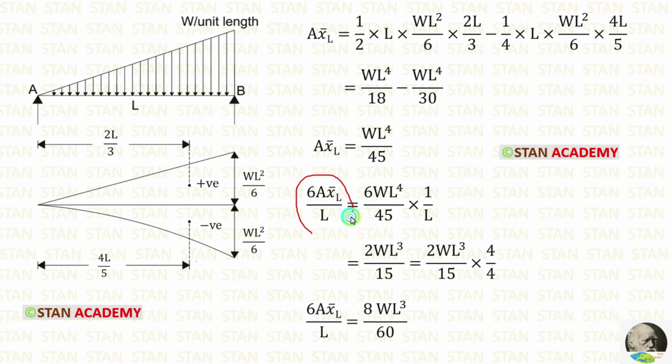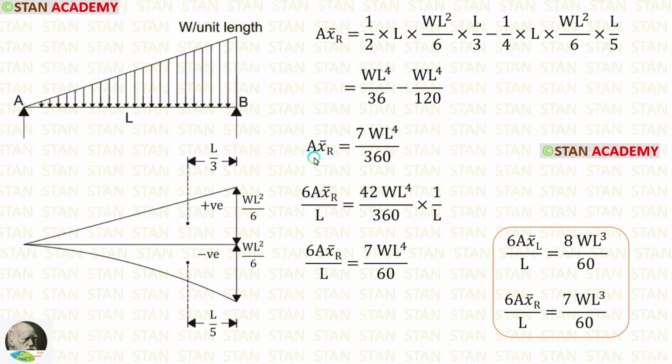Now let us find 6A X bar L by L. When we simplify, we are getting this value. For our own convenience, let us multiply the numerator and denominator by 4. After multiplying, we are getting 8WL power 3 by 60. Now let us find A X bar right. The area formula is the same, but the centroid is different because we are taking it on the right side.